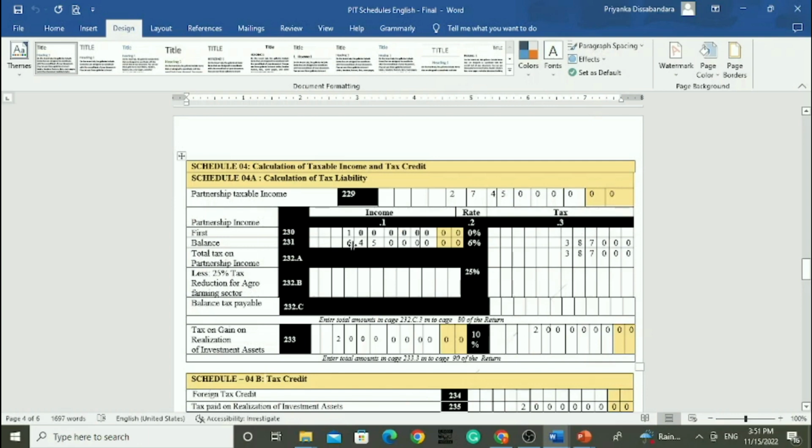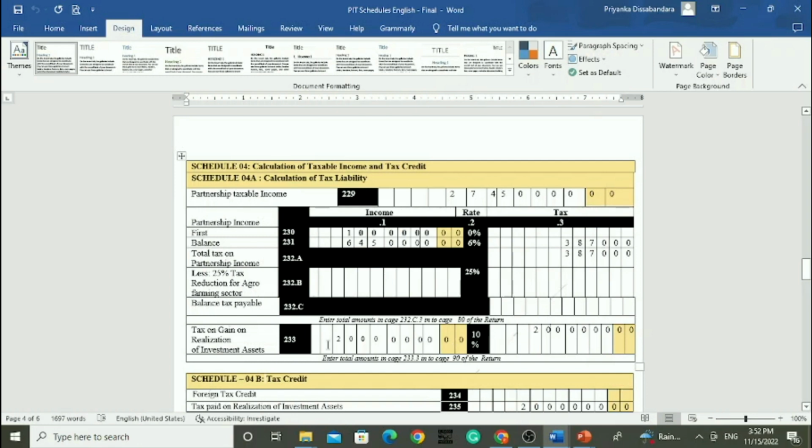But for the balance taxable income, that is 6,450,000, we have to apply 6% on that taxable income. The payable tax is 387,000. We have to take this amount into page 80 of the return.